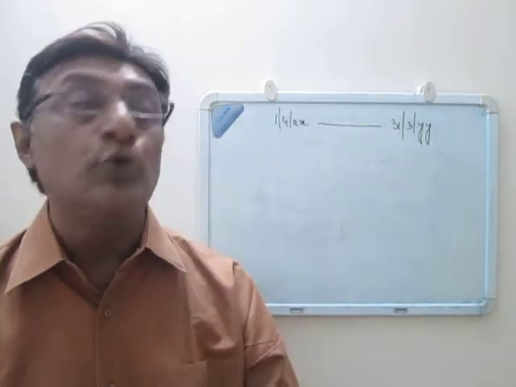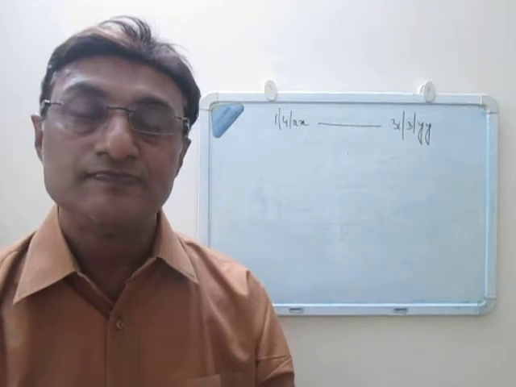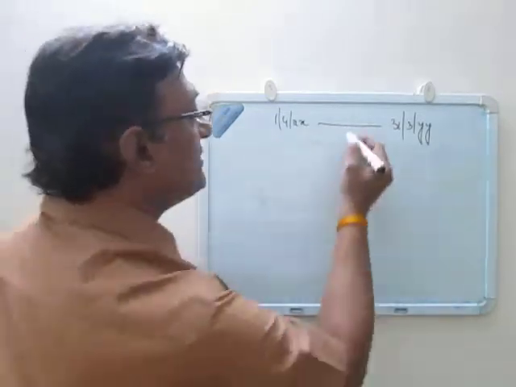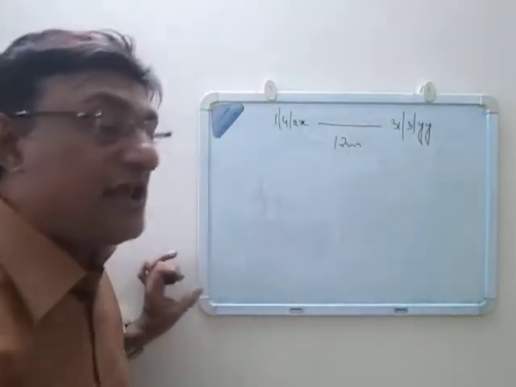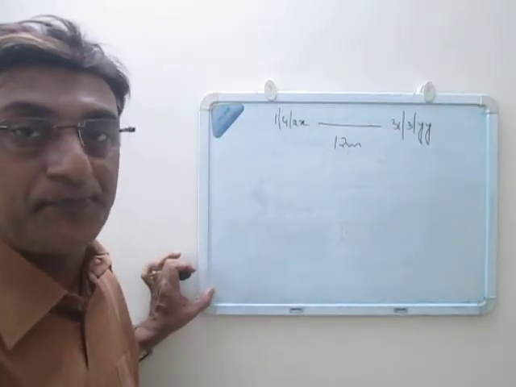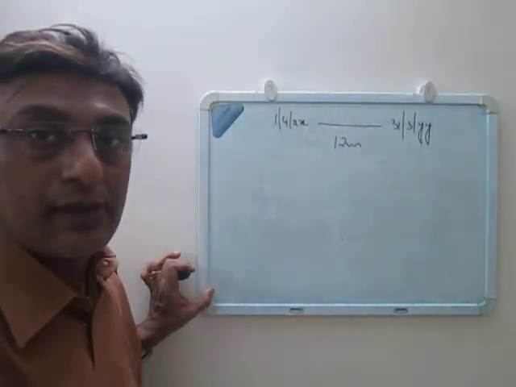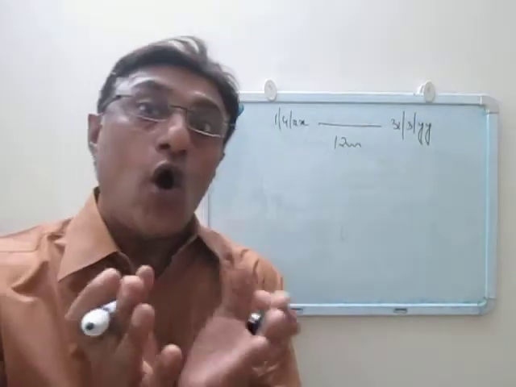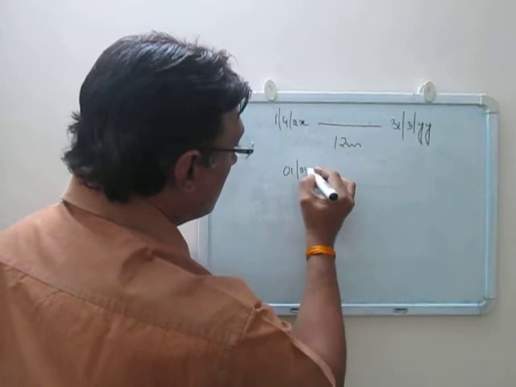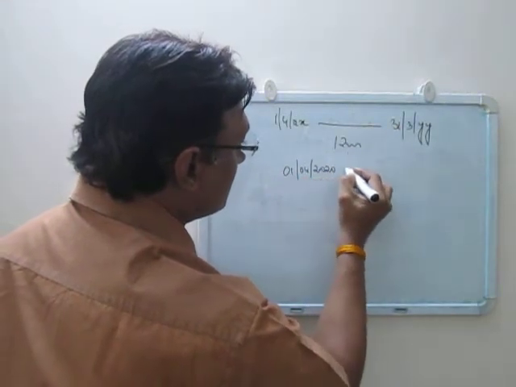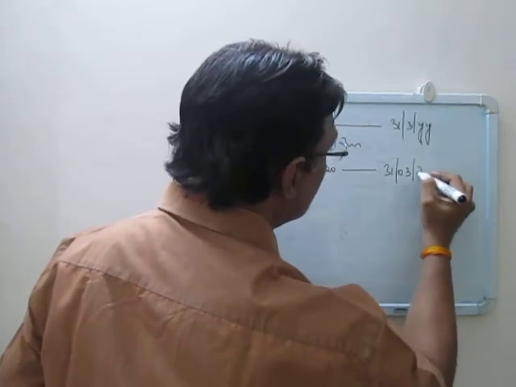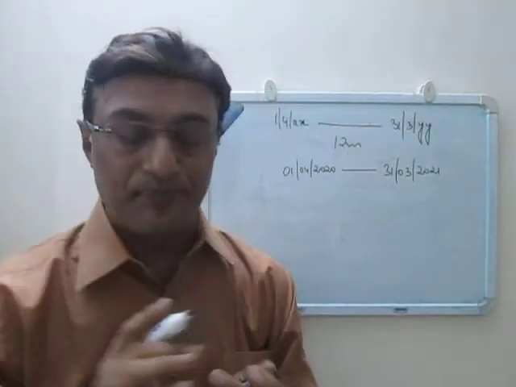Assessment year, simply put, standardized, is the period of 12 months commencing from the first day of April and ending with the 31st day of March of the subsequent year. So the financial year right now is 1/4/2020, which will end on the 31st of March 2021.